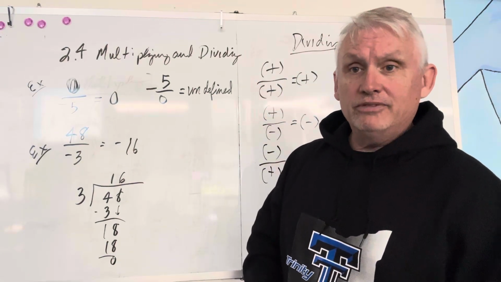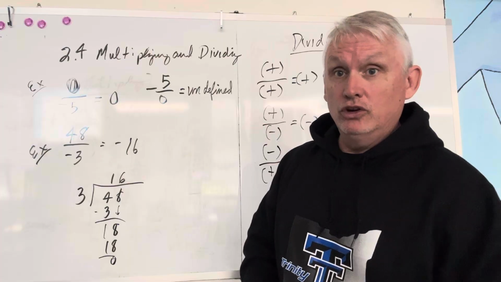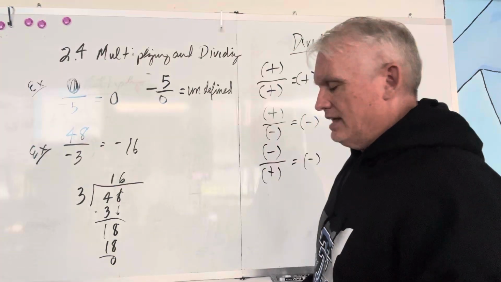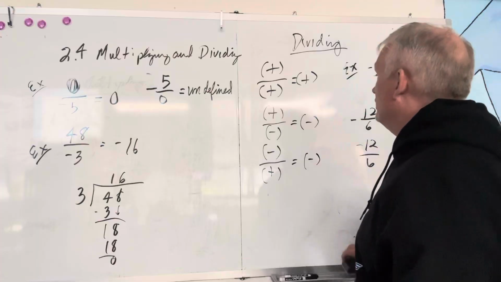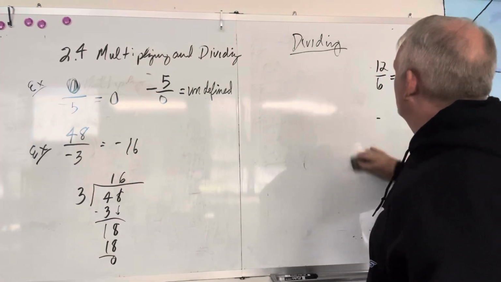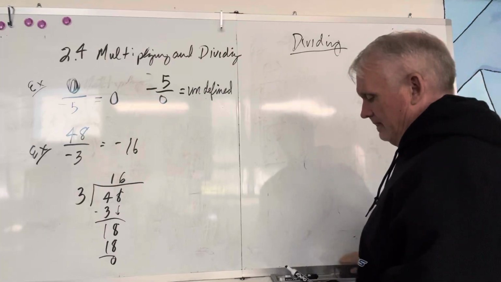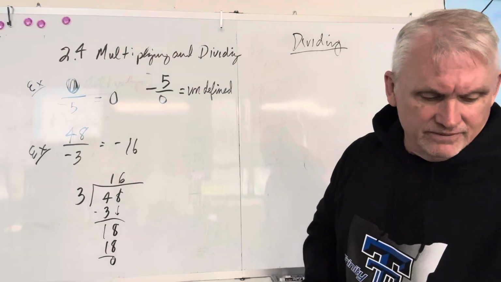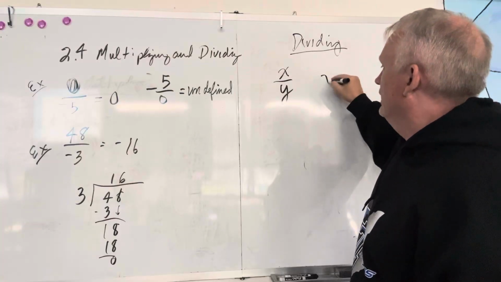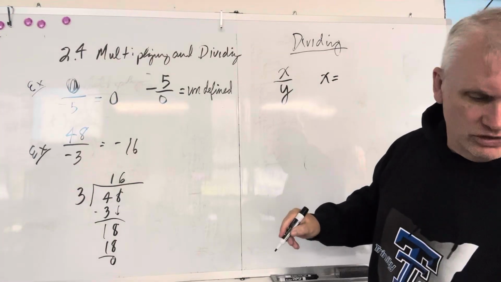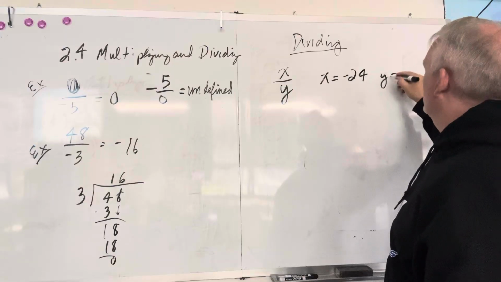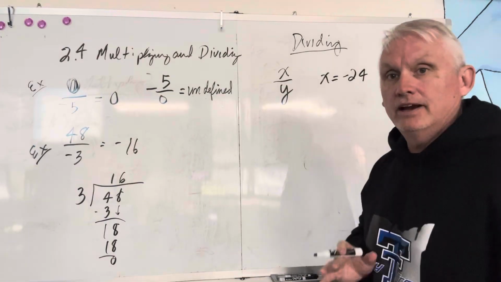Okay. What if you're asked now to evaluate? Remember, we started to talk about evaluating, and remember that these are algebraic expressions. If I say I have x divided by y, and I want to evaluate when x is equal to -24 and y is equal to 6, here's the thing.